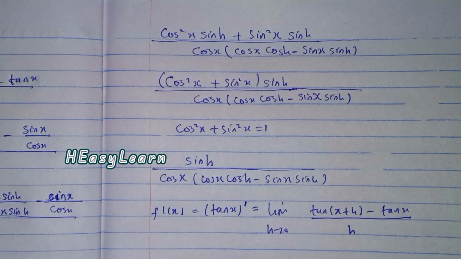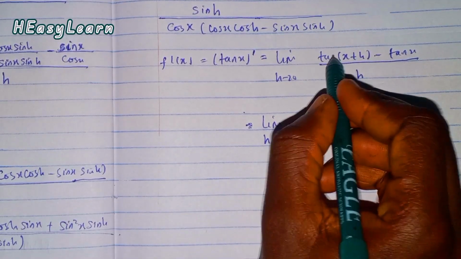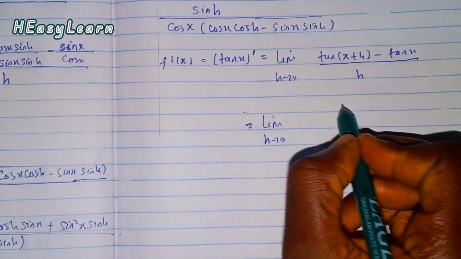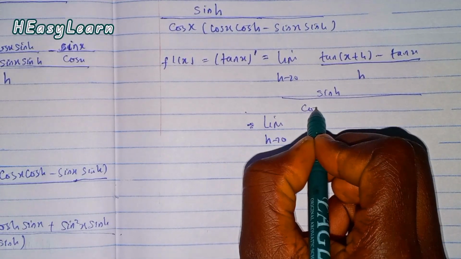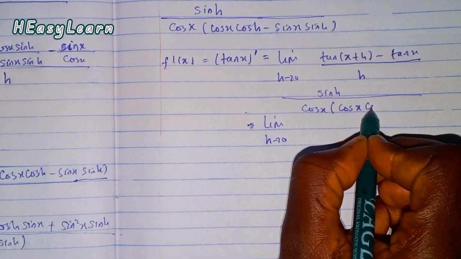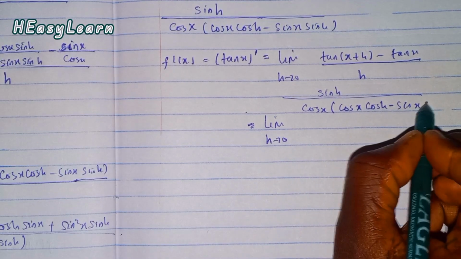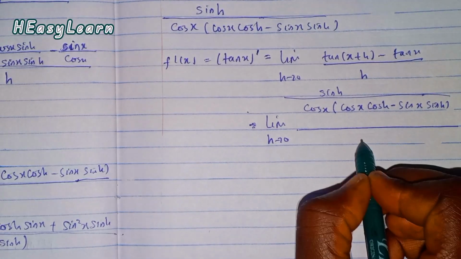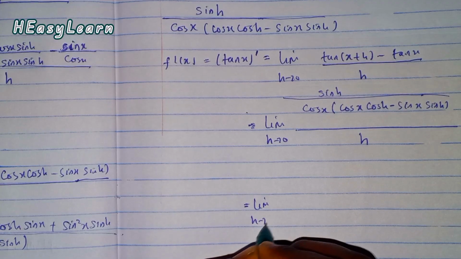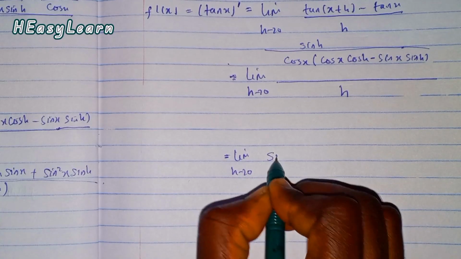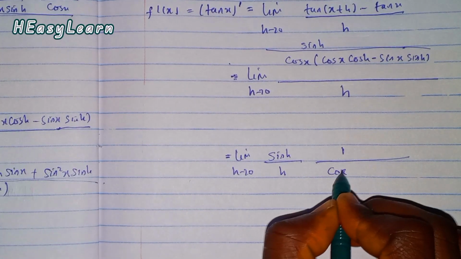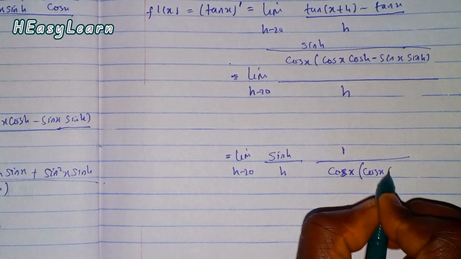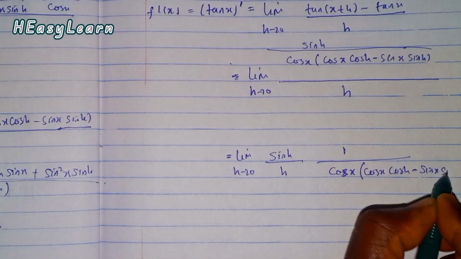The numerator is now this: sin h over cos x cos h minus sin x sin h, over h, and as the limit h approach 0, of sin h over h multiplied by 1 over cos x cos h minus sin x sin h.